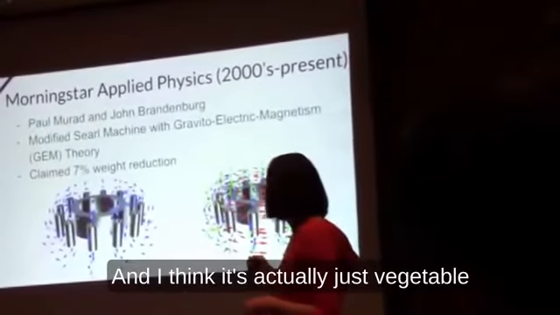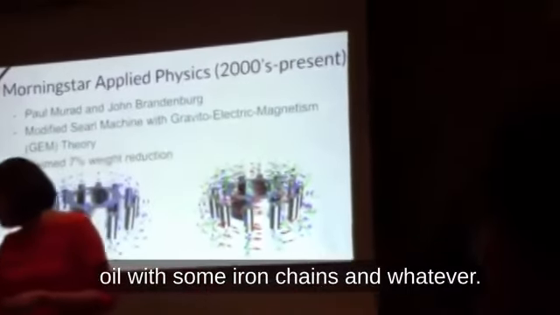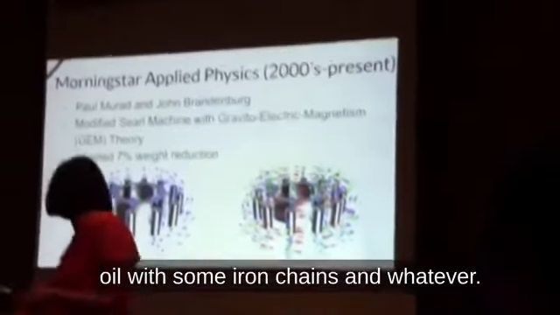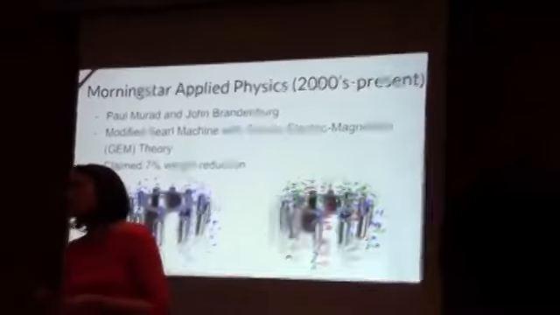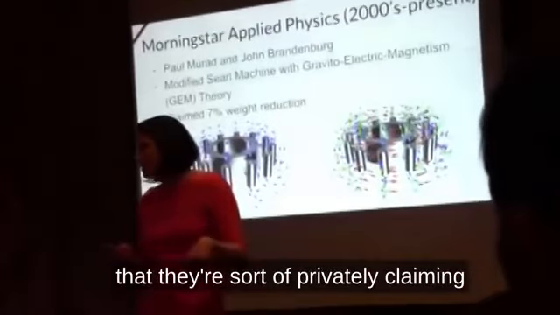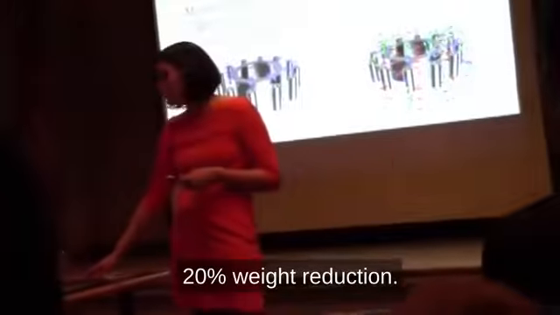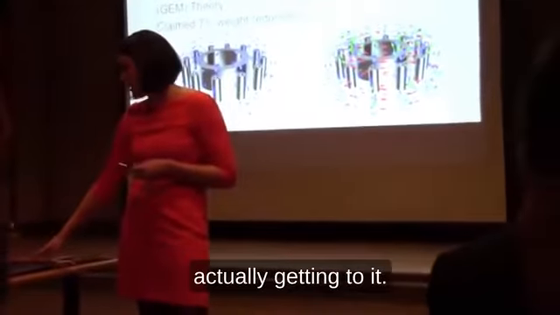I think it's actually just vegetable oil with some iron shavings in it, from what I heard. They claim 7% weight reduction, and the rumor is that they're now privately claiming 20% weight reduction. But I'm not so sure they're actually getting 20%.